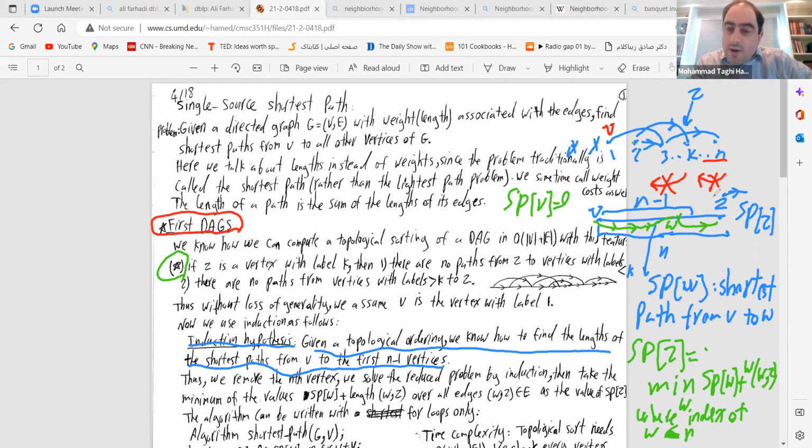So you need to take over all vertices W whose index is between 1 and n.